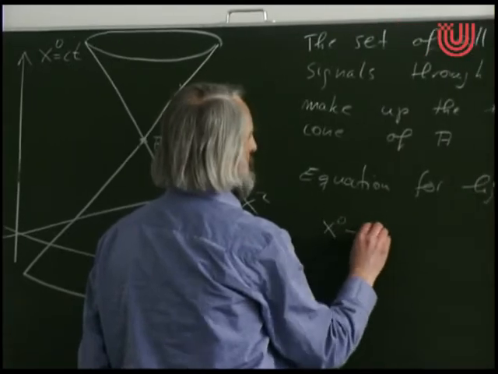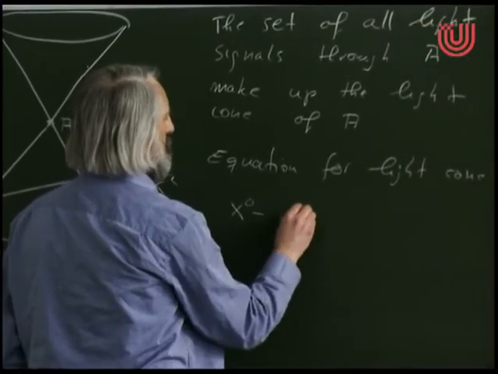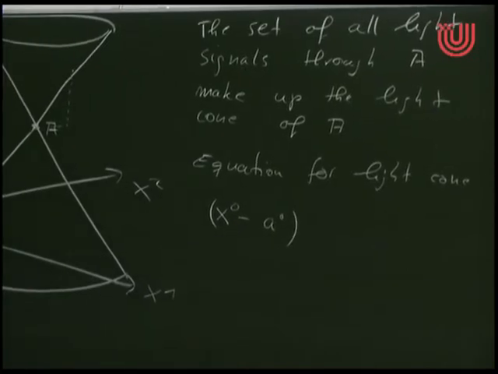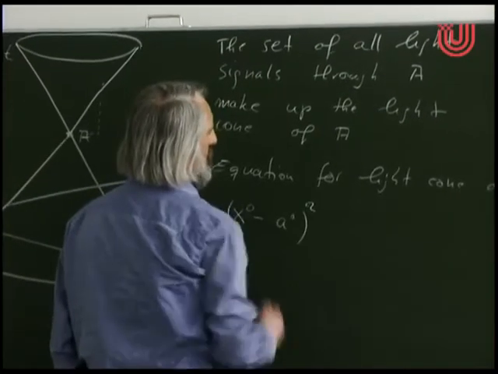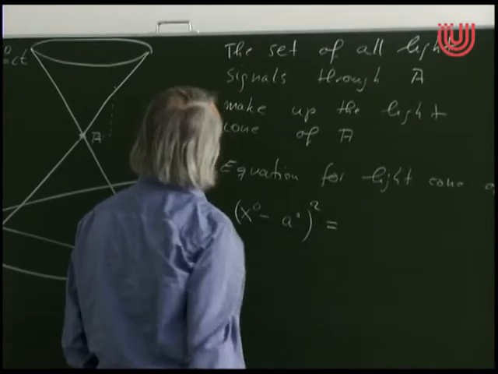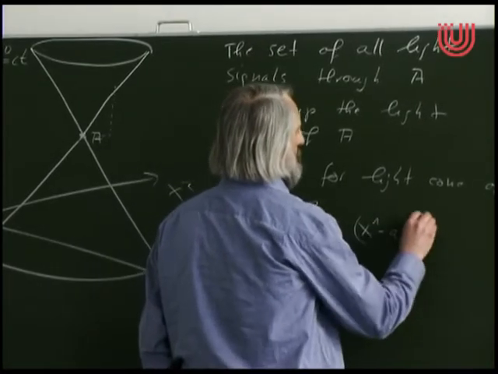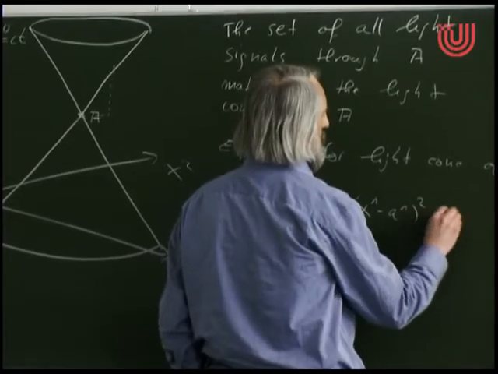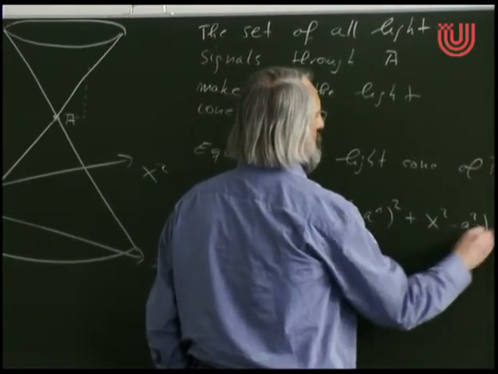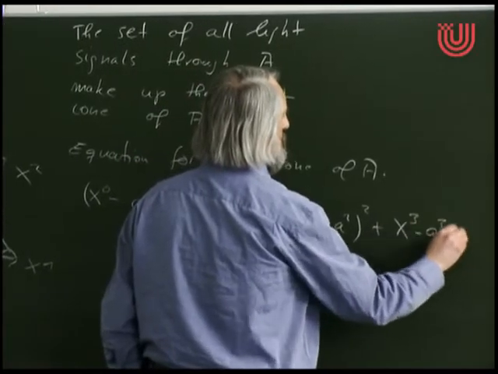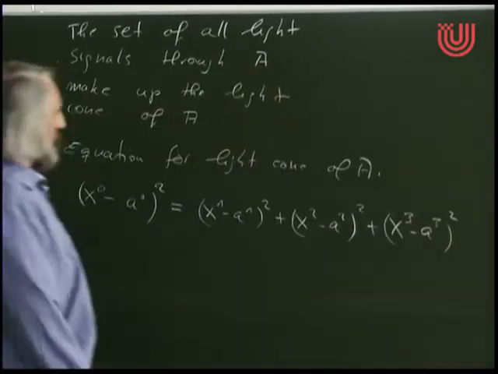Obviously, this means that if I denote by A0, A1, A2, A3 the coordinates of the event A, then the temporal distance squared must be the spatial distance squared. So (x0 minus A0) squared must be the same as (x1 minus A1) squared plus (x2 minus A2) squared plus (x3 minus A3) squared. And that's the equation of the light cone.